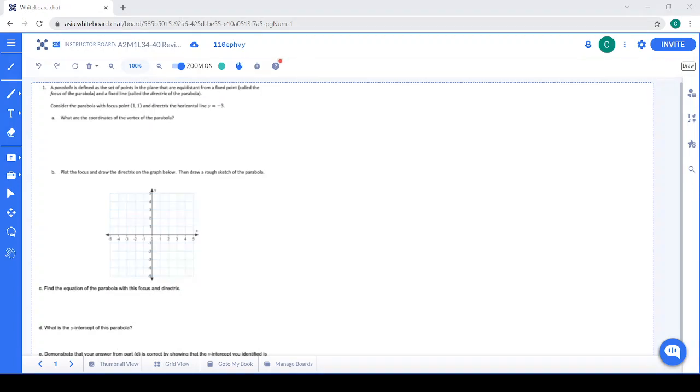Now, we can draw this, but we know that halfway in between the focus and the directrix is going to be the vertex. Let me just go ahead and draw it. If our directrix, I'm going to use it as a dotted line at -3.